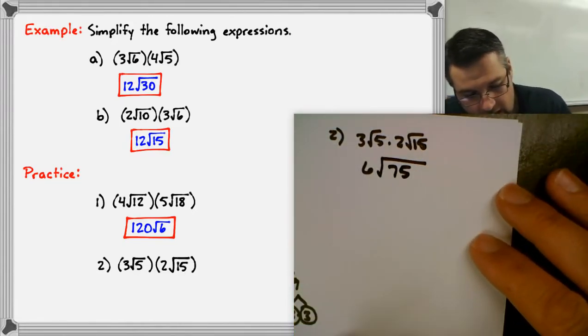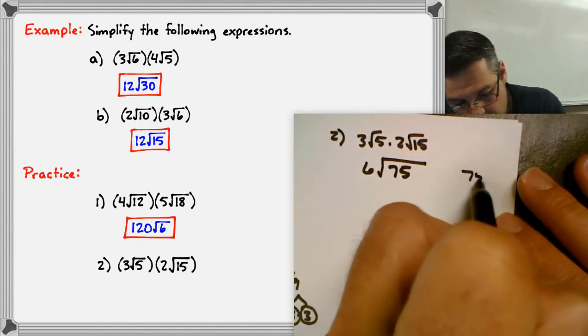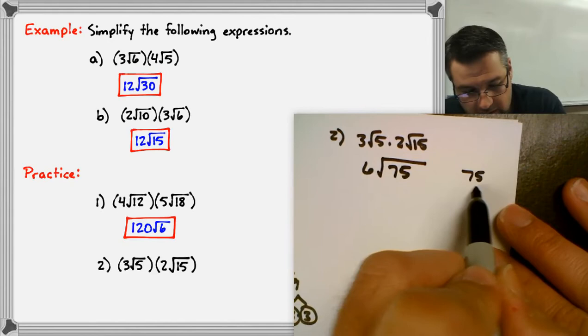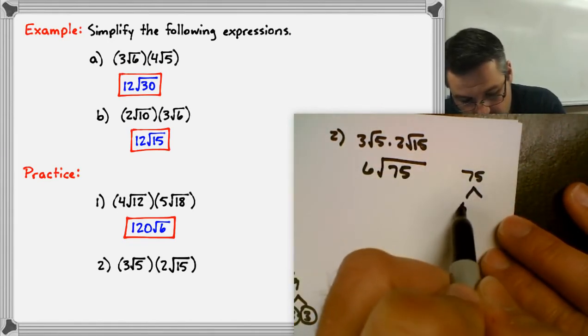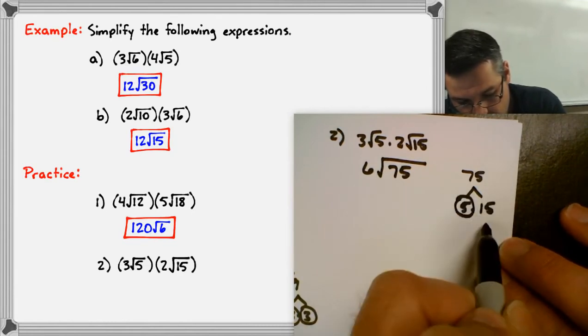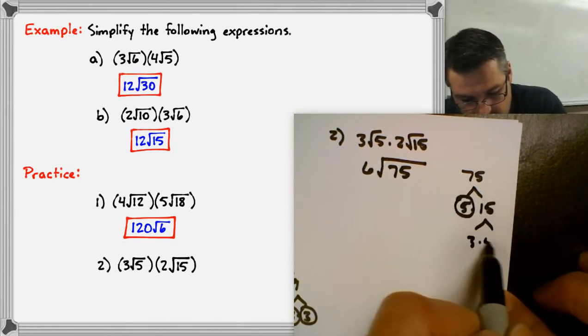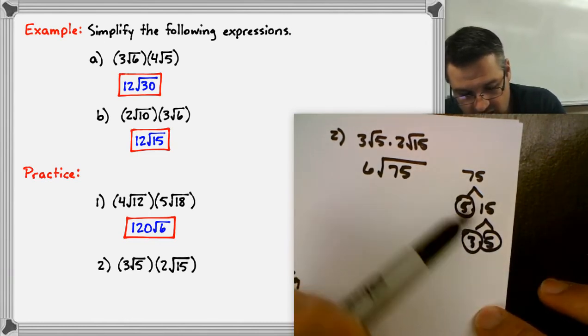Okay? Now we want to simplify the radical, so we do our factor tree. Well, what are 2 numbers that multiply to 75? Well, the 5 and the 15 made 75, so we can just use those. So 5 times 15. 5 is prime. 15 factors to 3 times 5, and both of those are prime. So our factors are 3, 5, and 5.